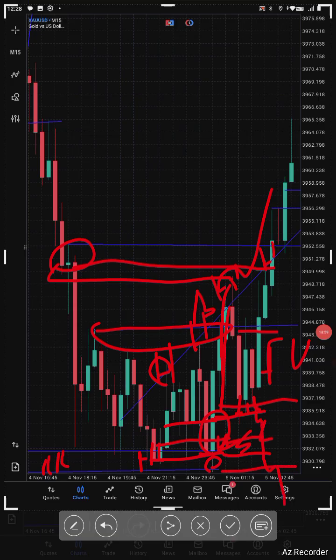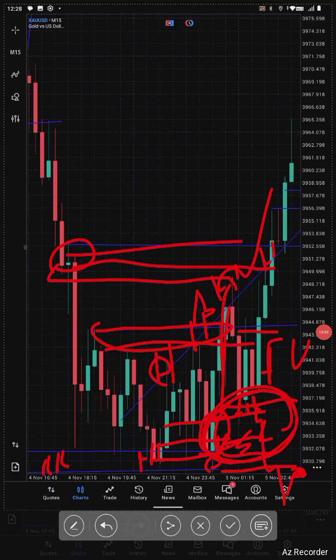If the price made a lower low, the trader would have to sell around here when the price comes back. But it did not, so these areas become strong support, or we can say fair value, between these areas.